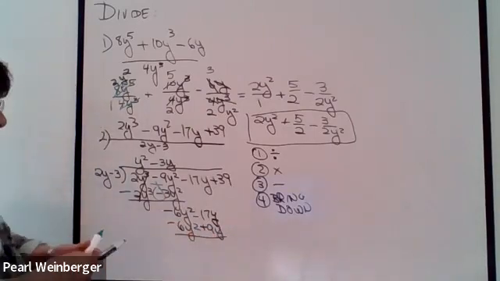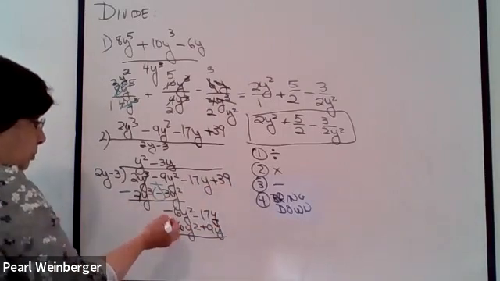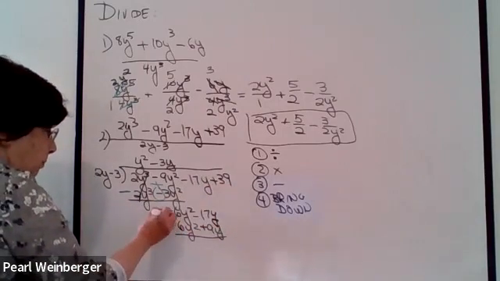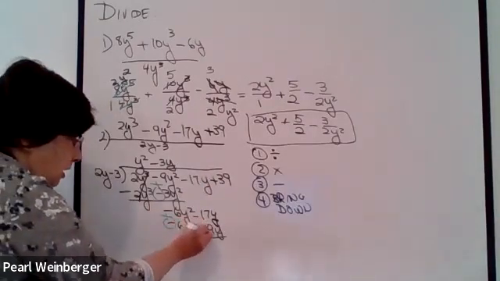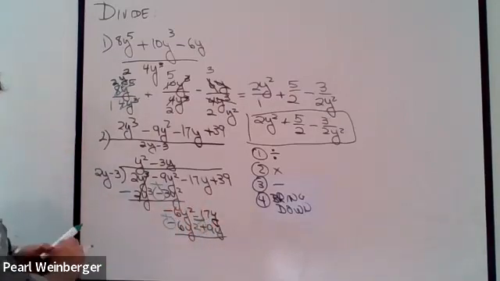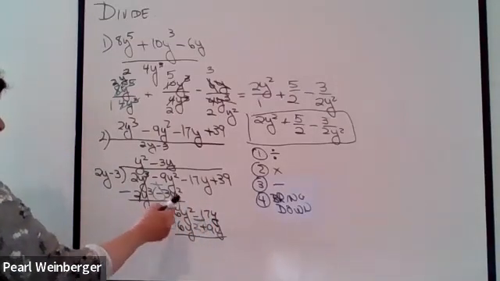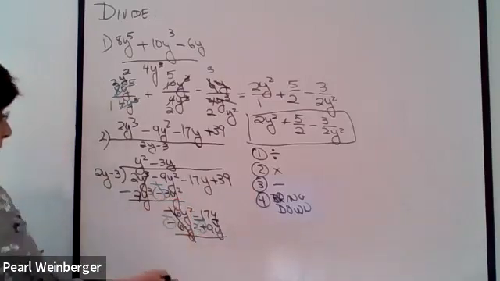And now that I've multiplied, I have to subtract, which means I'm changing my sign. So this is going to become a plus, and this one is going to become a minus. And then I'll have -6y squared plus 6y squared, which will cancel out.